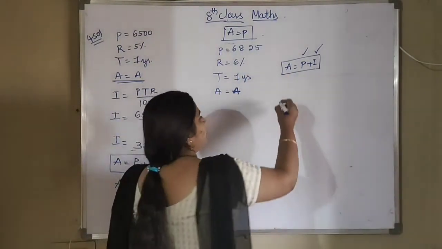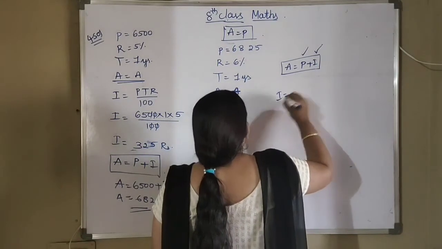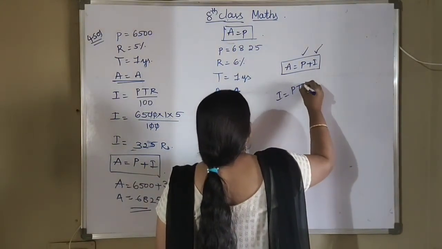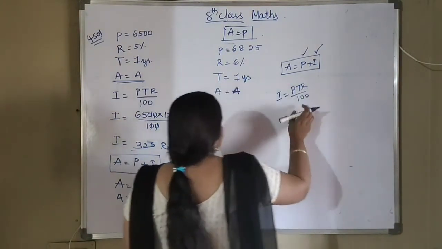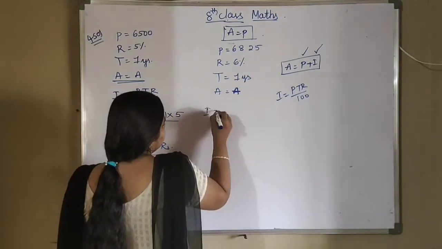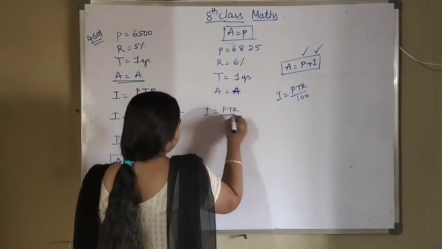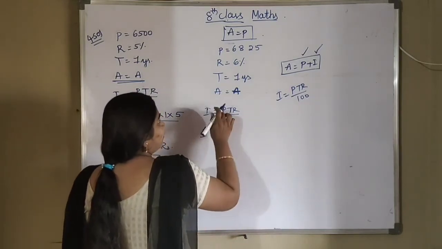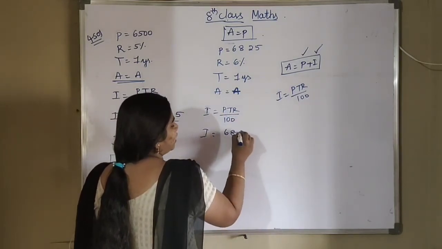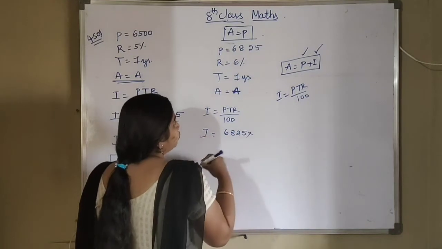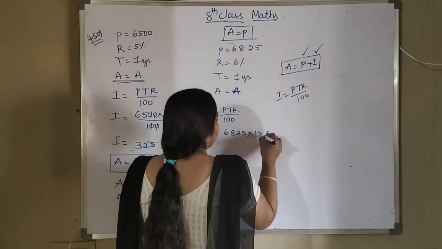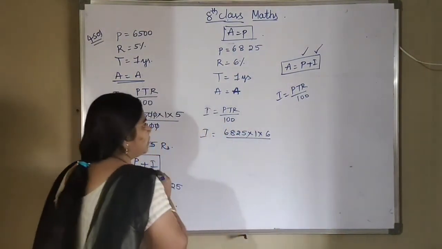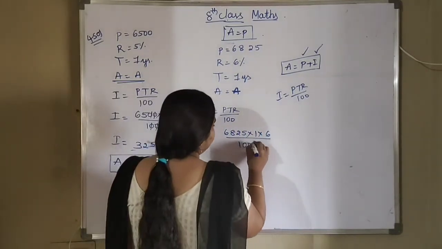So first we will find the interest by using I is equals to PTR by 100. So I is equals to, what is the P value? That is 6,825 into time 1 year into rate of interest, which has been increased to 6, by 100.